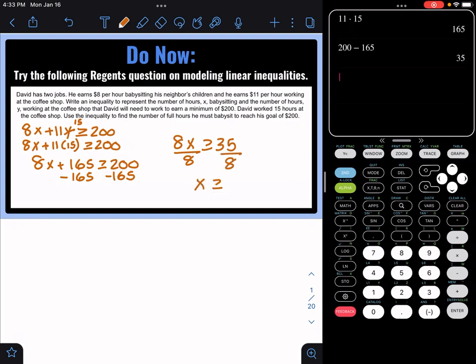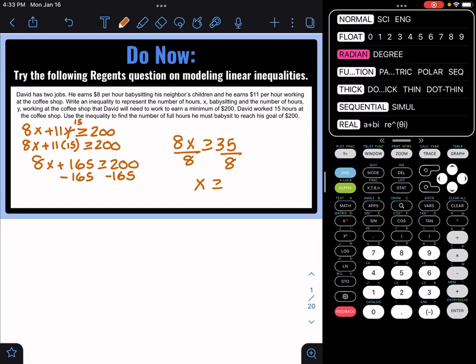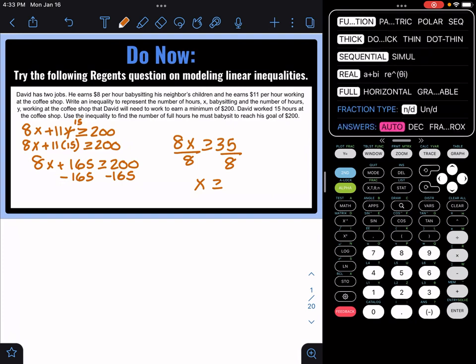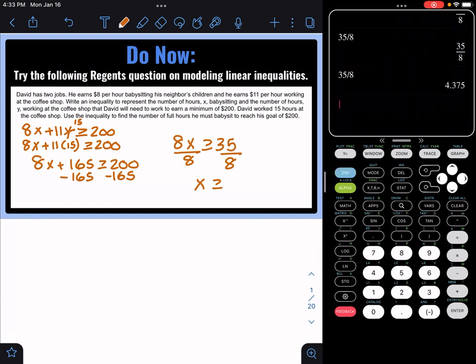So 35 divided by 8, let me put this as a fraction. Alright, 4.375, which means he needs to work more than that, so he has to work 5 hours babysitting.